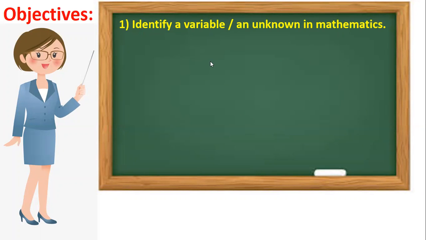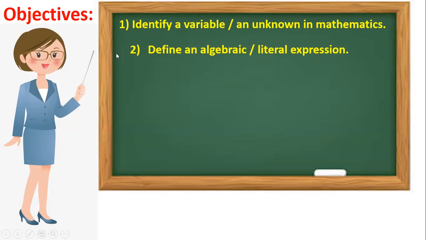The second objective that we talked about last time, we defined an algebraic expression. We said in mathematics we have 3 kinds of expressions. We have a word expression in which we have words. We have a numerical expression in which we have numbers and operations.